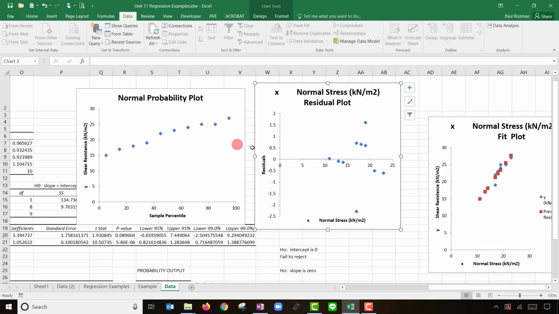So if we look at these two pictures and we see a straight line in this one and a random scatter in this one, now I don't feel as bad about that step 4 of our hypothesis test where we say, oh, I think the assumptions are okay. Well, there's at least a visual way to check that.